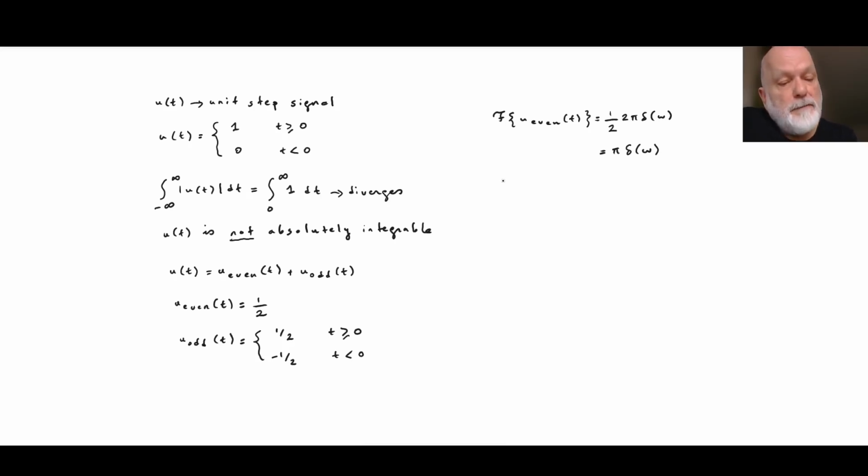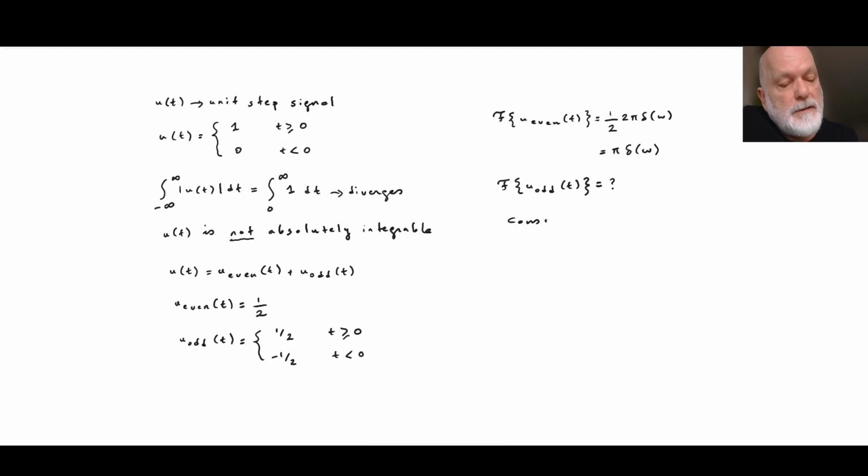Now, how can we evaluate the Fourier transform of the odd part of the unit step signal? At this point we can use a limiting operation as follows.